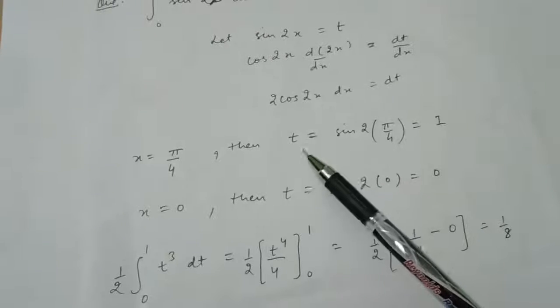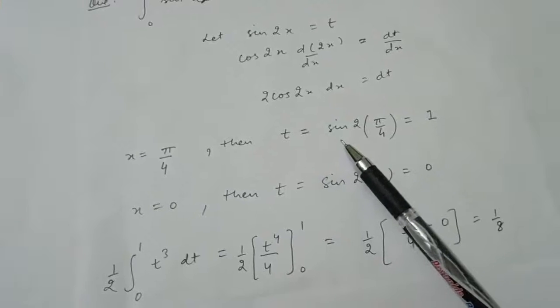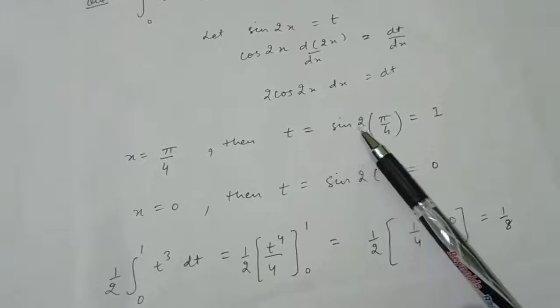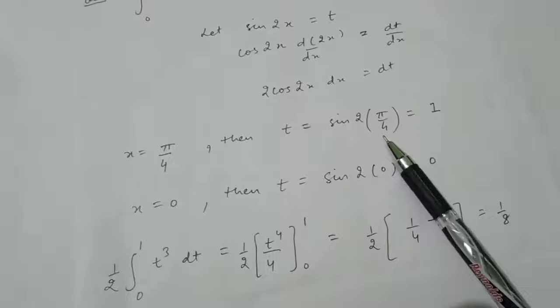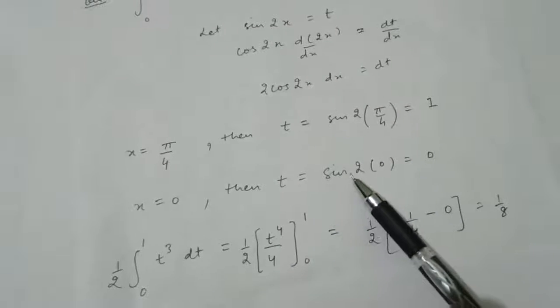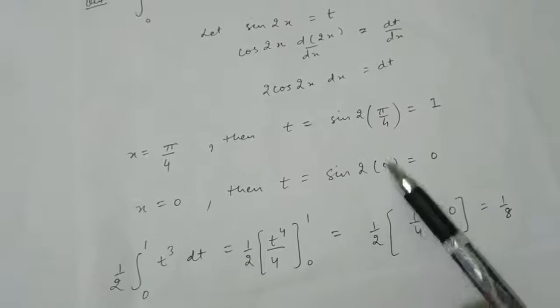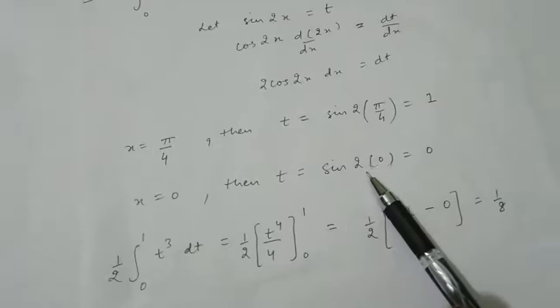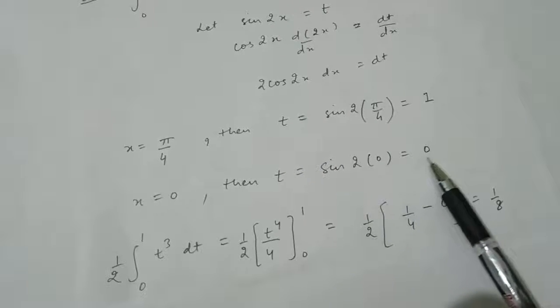So t is equal to sine 2x. At x equal to pi by 4, t will be equal to sine 2 into pi by 4, that is sine pi by 2, which is 1. And here t will be equal to sine 2 into 0. In place of x writing the limit 0, you will get sine 0, which is equal to 0, right?